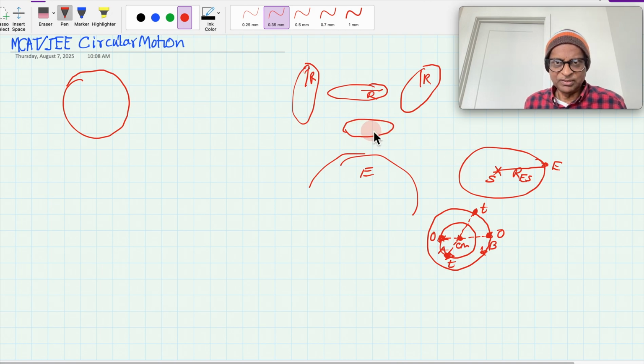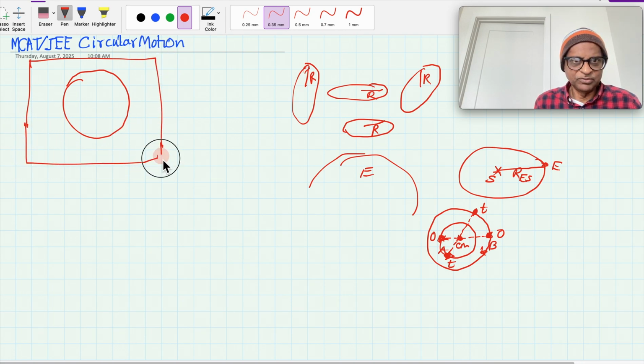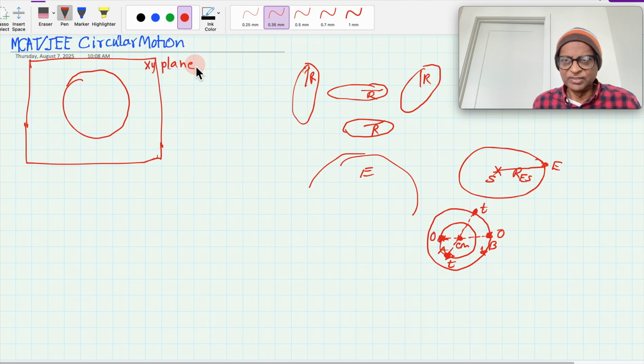So in all of this, you have the radius of the circle. We'll draw it in some xy plane, just to be specific.